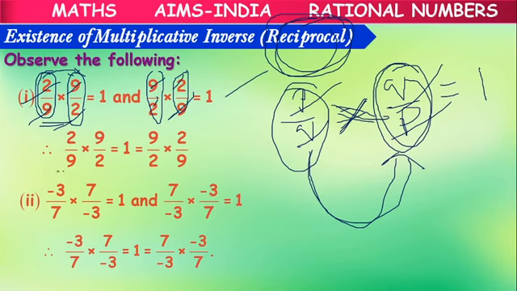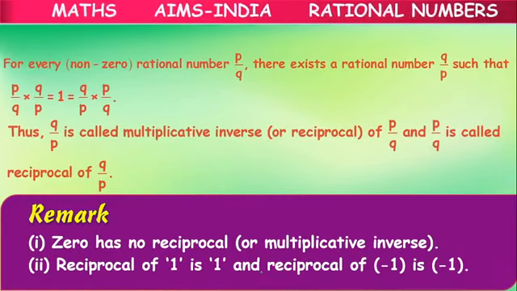Here also, minus 3 by 7. What is reciprocal? 7 by minus 3. Cancel, cancel, 1. So what we can tell, children?